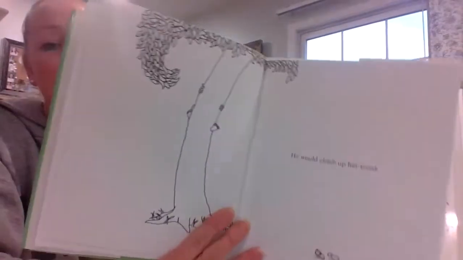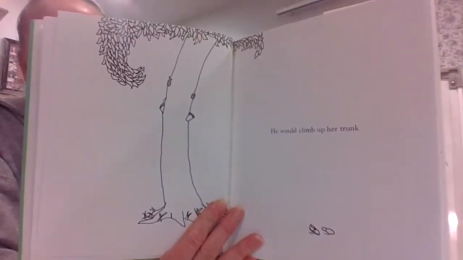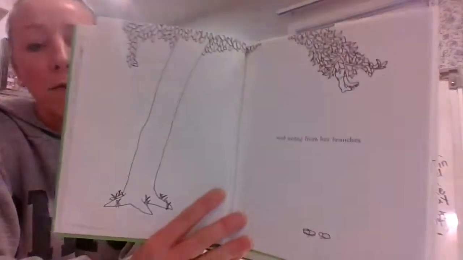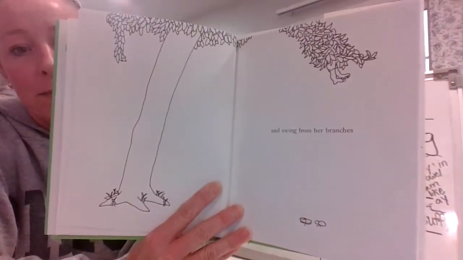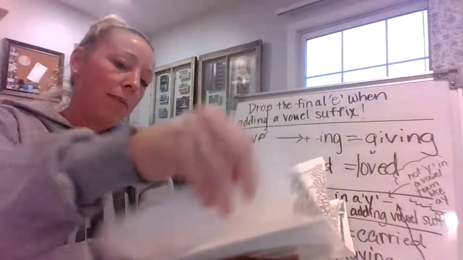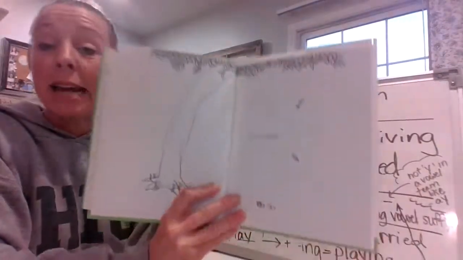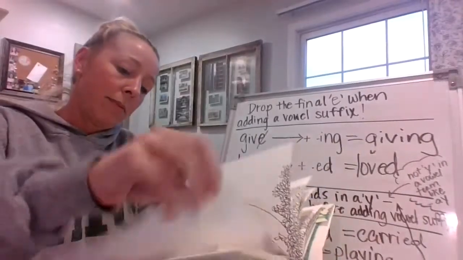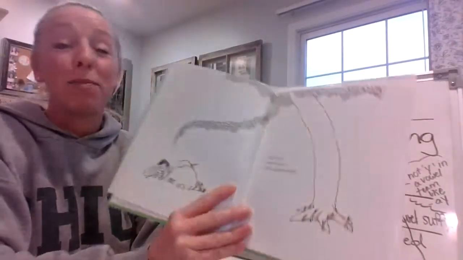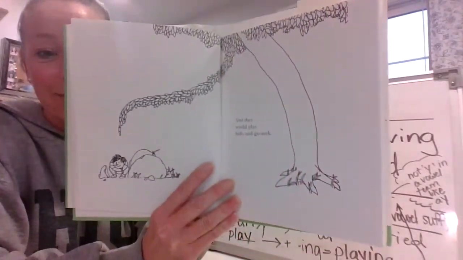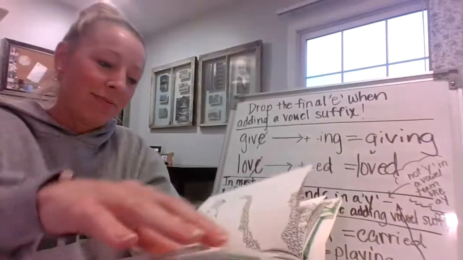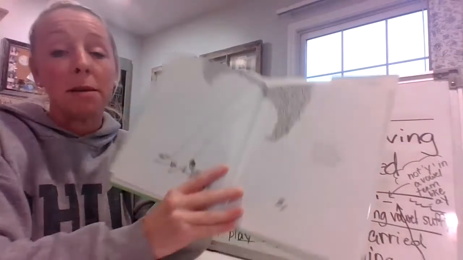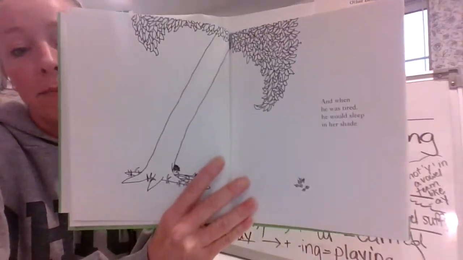He would climb up her trunk and swing from her branches and eat apples. And they would play hide and go seek. And when he was tired, he would sleep in her shade.